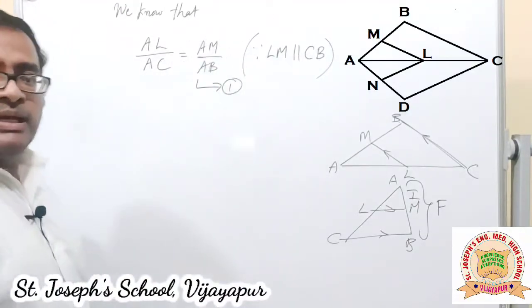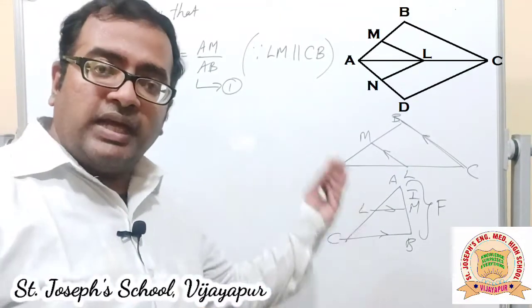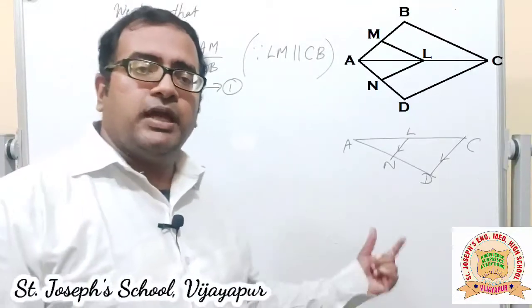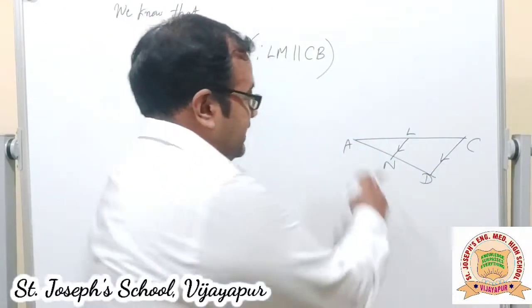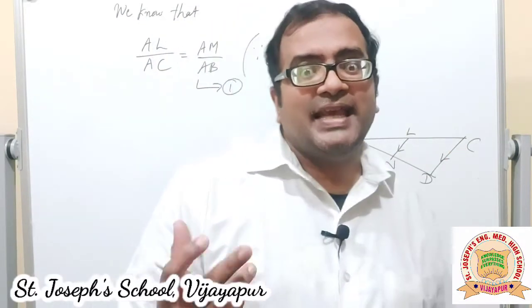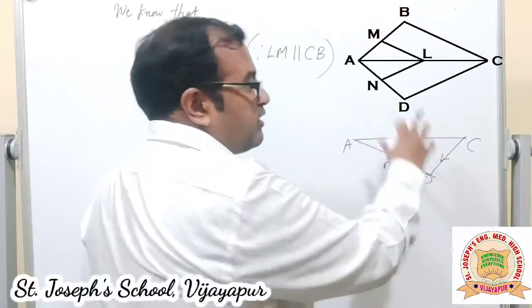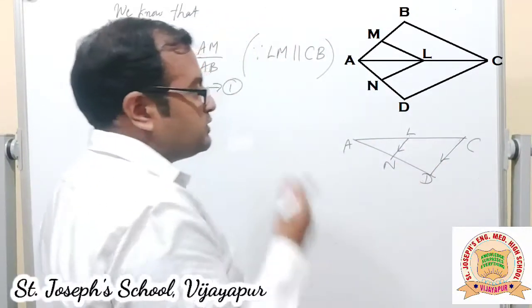Let it be. Now let us look at the lower half of one more part of the diagram, that is another triangle ADC. If you look at the lower half of that quadrilateral, it gives you another triangle, that is ADC. ADC is half of the given quadrilateral, and here again LN is given as parallel to CD.